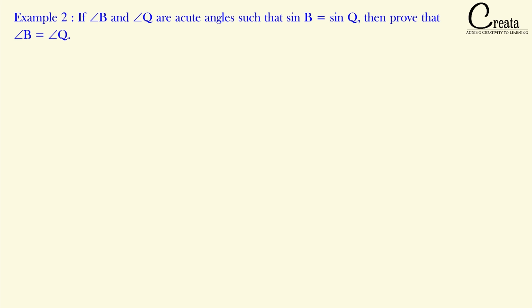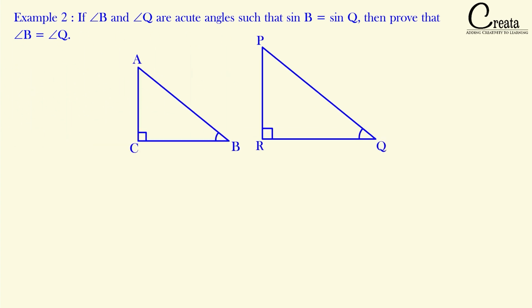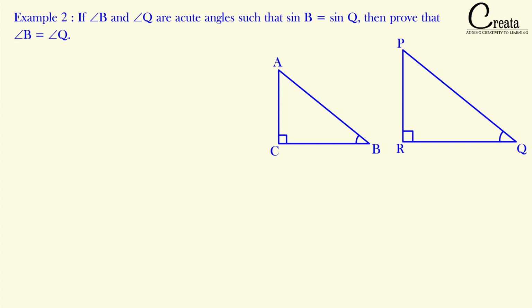If angle B and angle Q are acute angles such that sine B is equal to sine Q, then prove that angle B is equal to angle Q. So this is the question. Let's observe the question. Let's take two triangles, triangle ABC and triangle PQR. In the first triangle, angle B is the trigonometric angle, and in the second triangle, angle Q is the trigonometric angle.